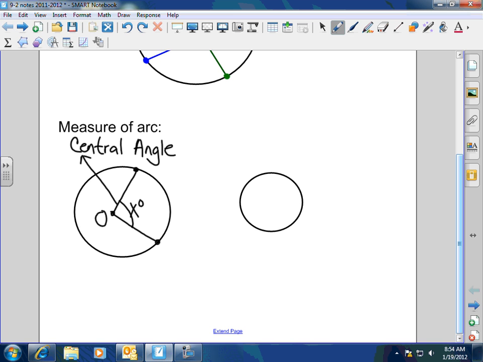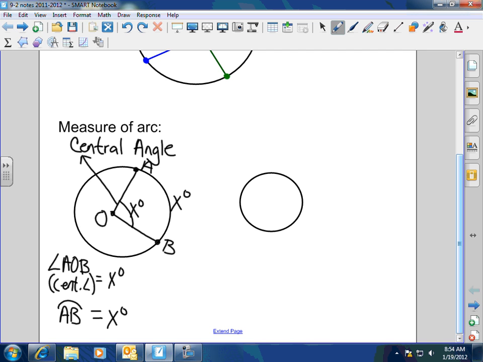The arc, let's call this A and B. So angle AOB, which is the central angle, equals X degrees. Arc AB, literally you make a little arc over the letters, AB is going to also equal X degrees.